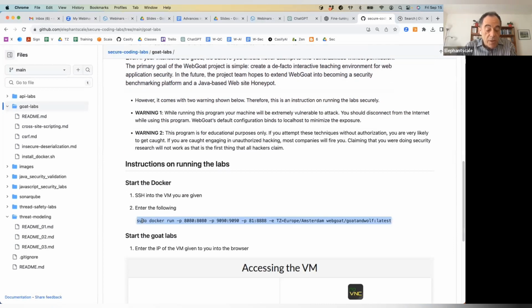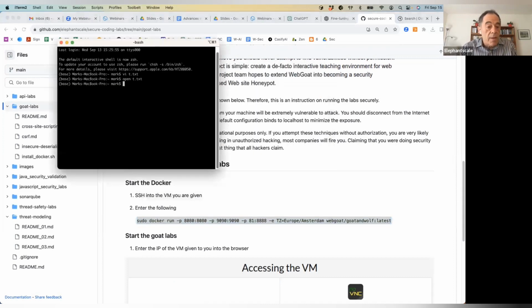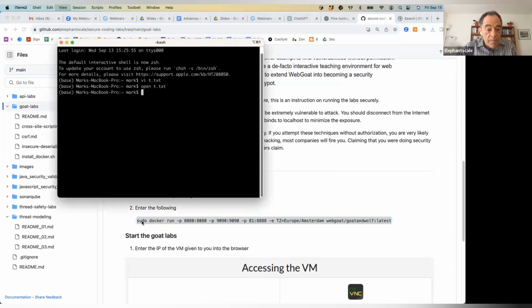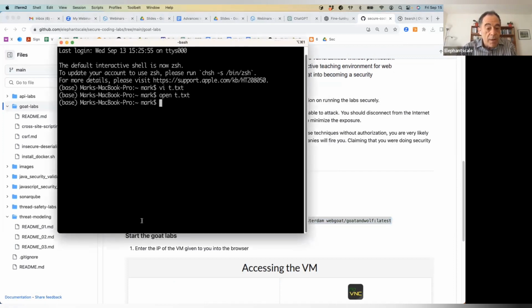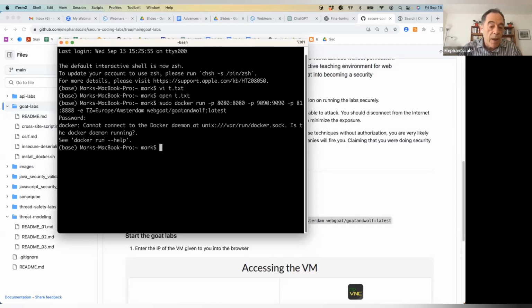So let's try that. I didn't expect that we'll get to this, but let's just open, and I'm risking it. Okay, let's see what happens. Password. Even more danger. And it doesn't work for some reason.